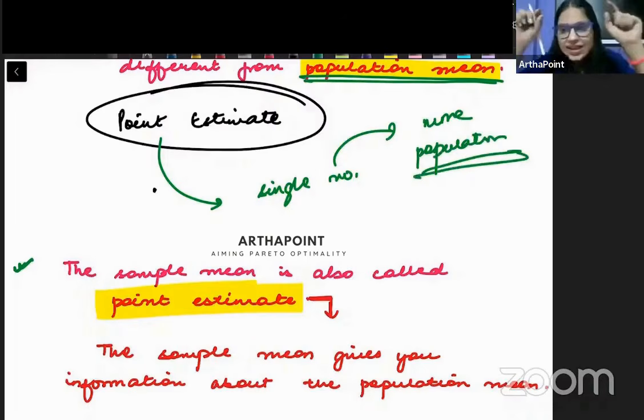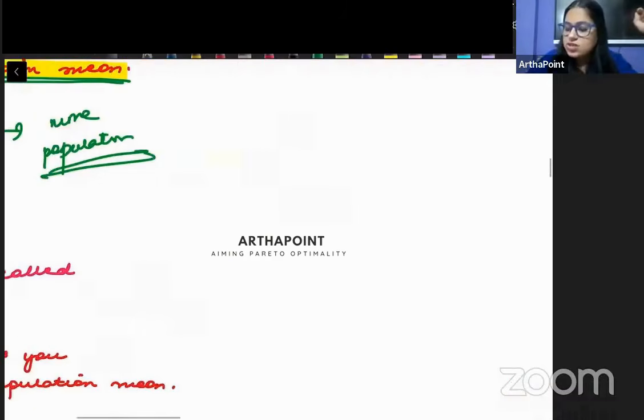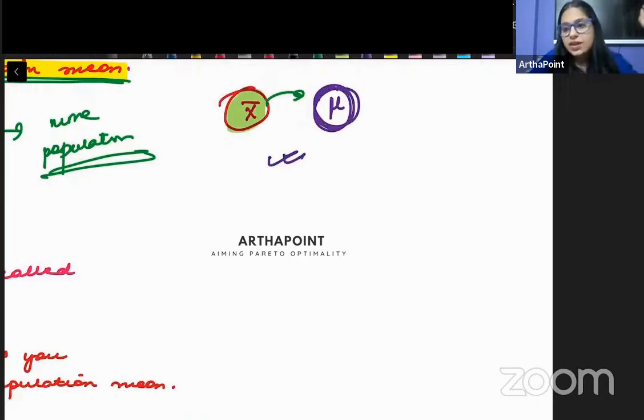तो अगर कोई एक single number मेरे को मेरी population को ज्यादा समझने में help करता है, then that becomes a point estimate. So in this case, because the mean of the sample is helping me understand more about the mean of the population, I can go ahead and call this a point estimate. इसको मैं point estimate बोल सकती हूँ. Right?